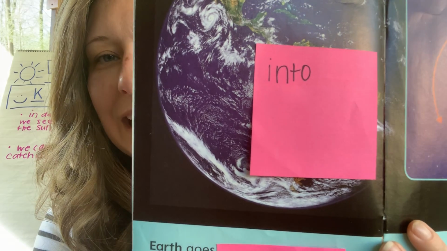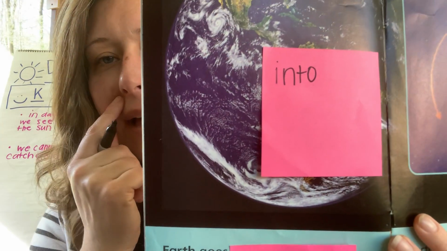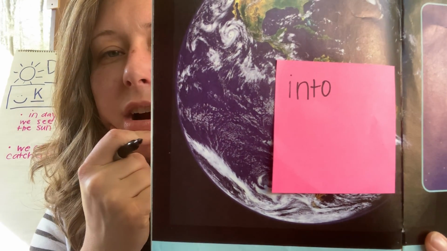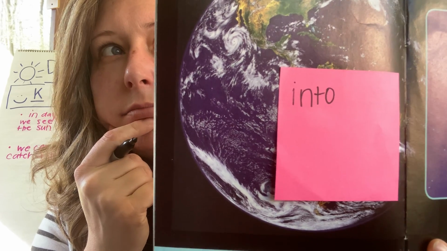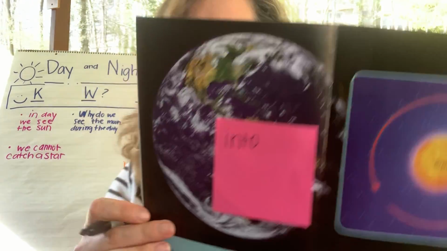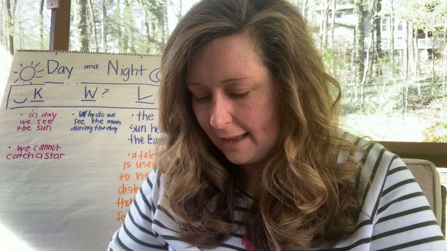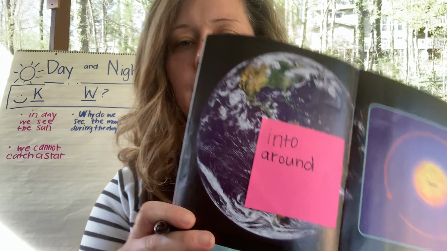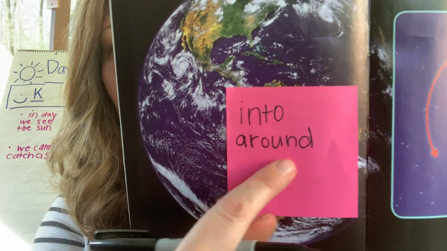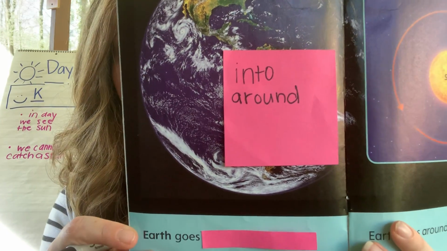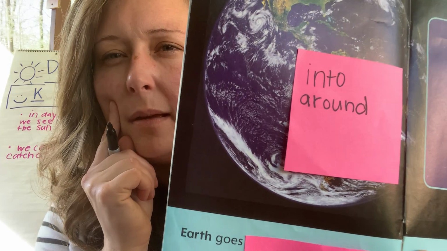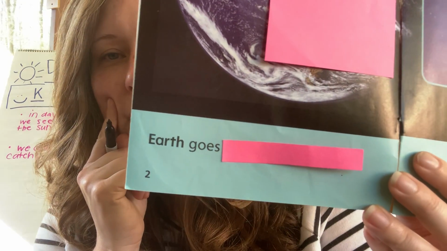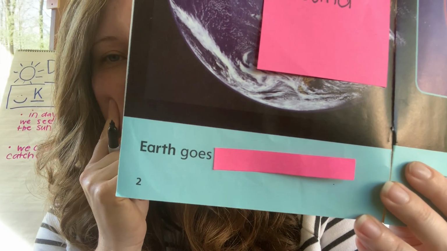Earth goes into orbit. Or it could be Earth goes around the sun. That could be something, because we learned that last night. It likes to move around the sun. Around. All right. If you have a comment, maybe you could tell me what you think it could be right now. I'm going to give a pause.